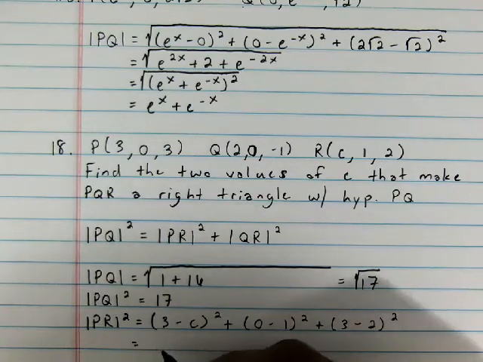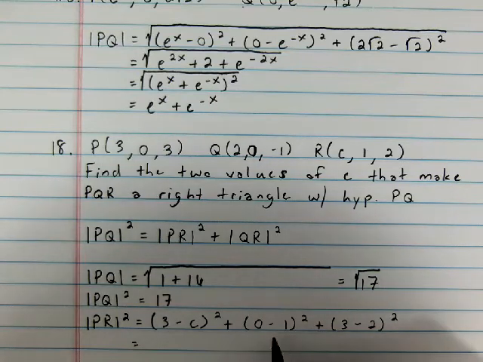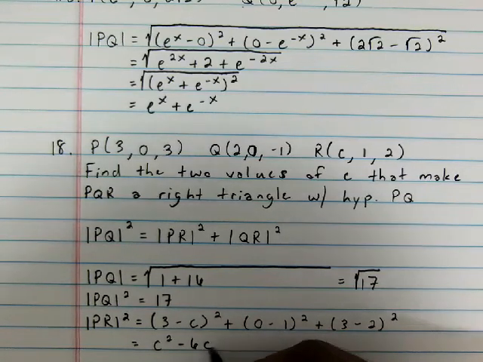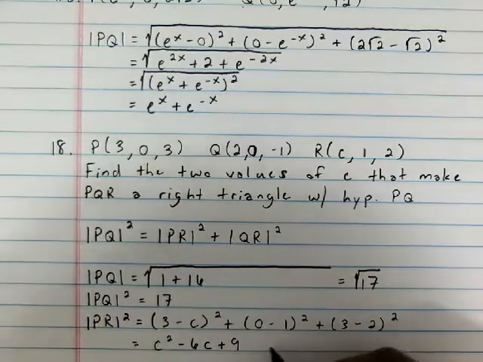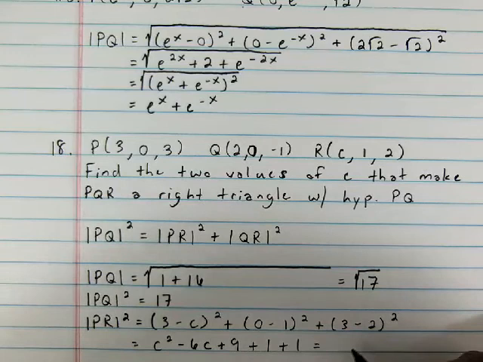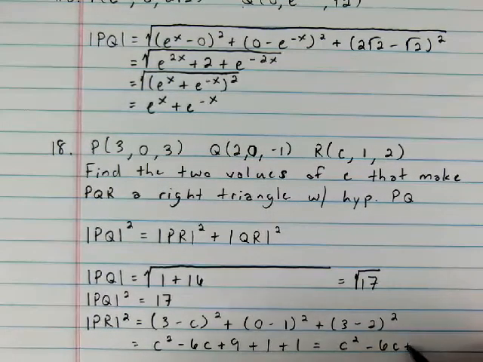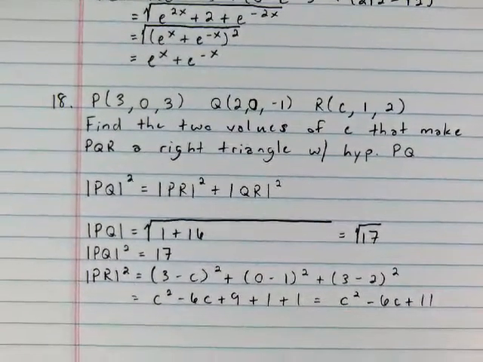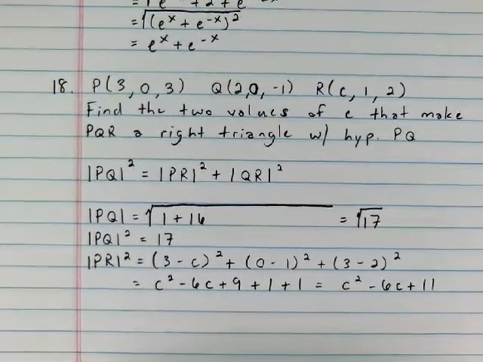Which just gives us 3 minus C squared, and then plus 1 and plus 1. That gives us C squared minus 6C plus 9, and then plus 1, and then plus 1. So here we get C squared minus 6C plus 11.